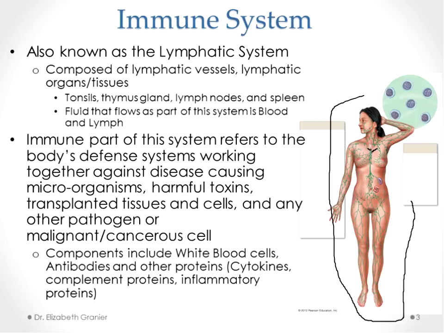If that fluid's not returned, then the limb would swell and you would get edema. You see that with people who have had a mastectomy and lost lymphatic tissue. Sometimes they have swelling in the arm on the side of the surgery, because they lose part of the lymphatic system.